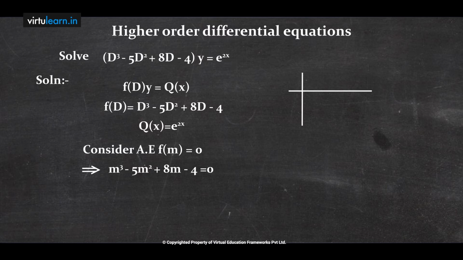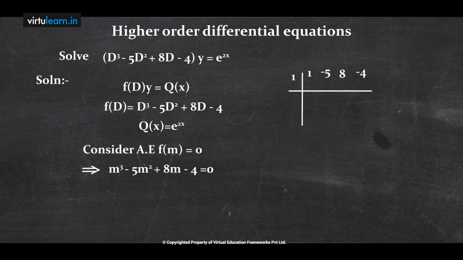Now you write the coefficients of m cube, m square, m and the constant term. I am writing the coefficients: 1, minus 5, 8, minus 4. Then by synthetic division, you have to start with 1, because if you substitute 1 for m, it becomes 0.